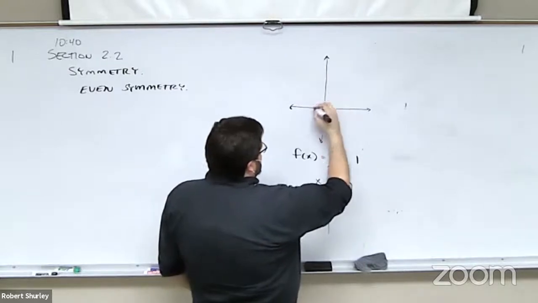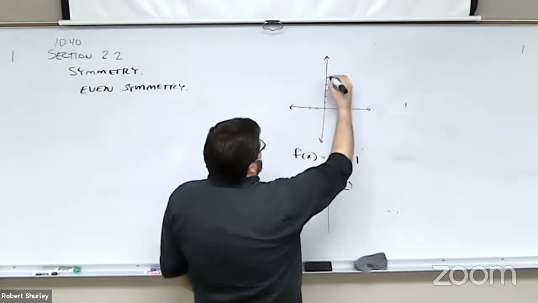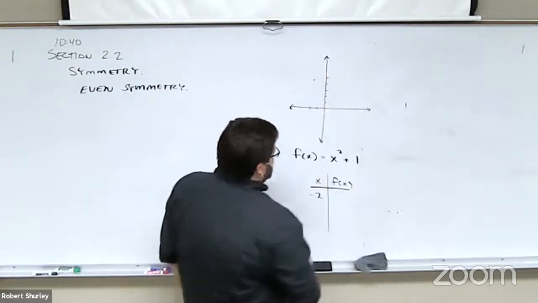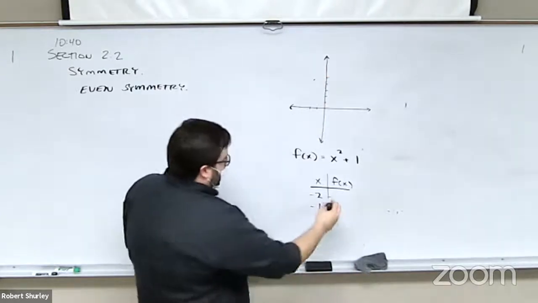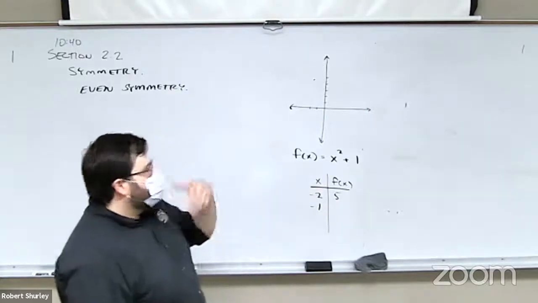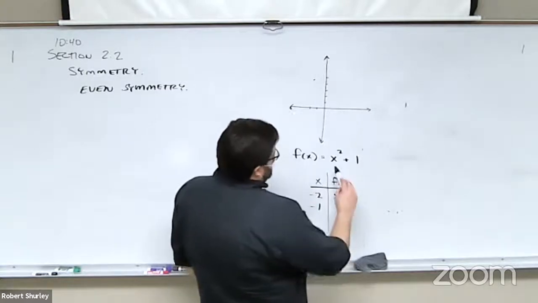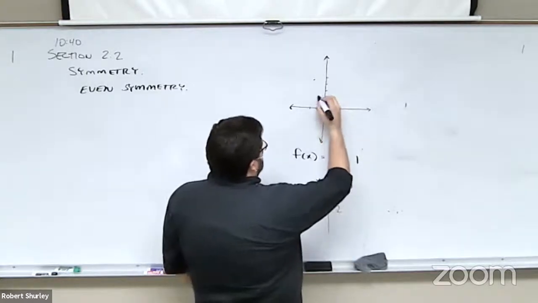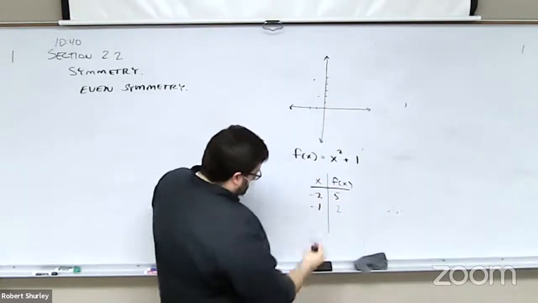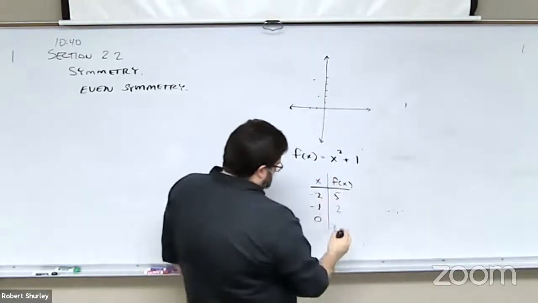So at -2, we're at 5. At -1, we plug -1 in, we square it, we get a +1. We add 1, we get 2. So at -1, we're at +2. At 0, you plug 0 in, we just get back 1.